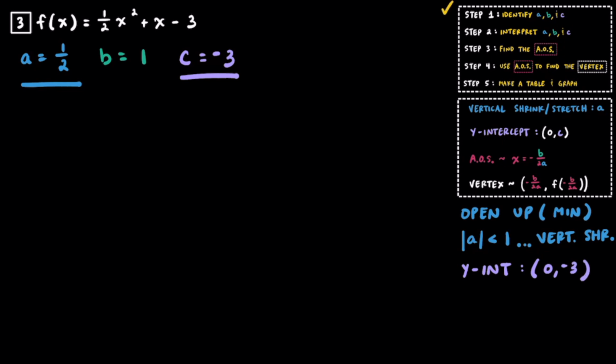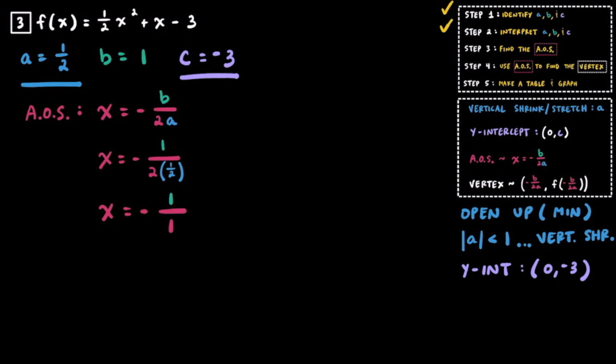There's step 1 and 2, and now for the A.O.S. The vertical line, x equals negative 1, is our axis of symmetry. Now let's go ahead and use that to find out the vertex.